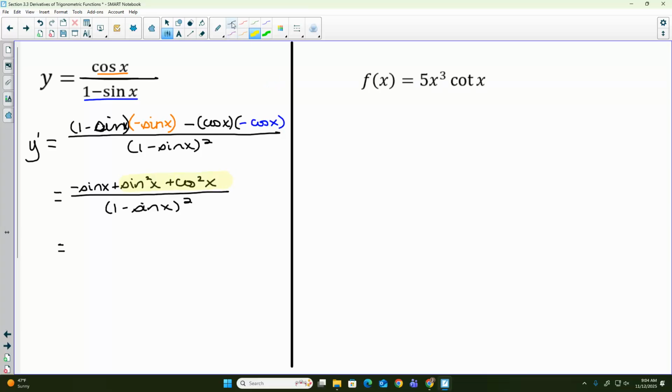Most important trig identity. What is sine squared x plus cosine squared x? So then negative sine plus 1 is the same as 1 minus sine. So I can cancel the 1 minus sine on top and bottom, so I get 1 over 1 minus sine x.